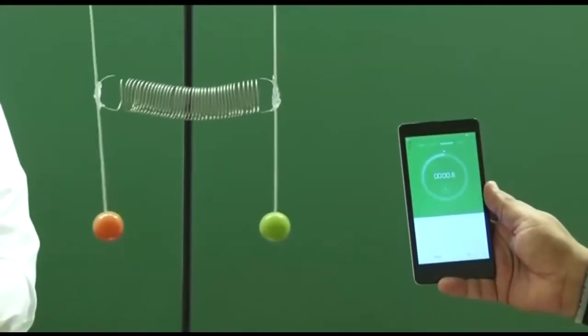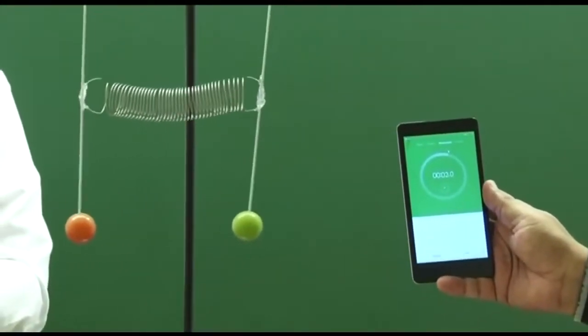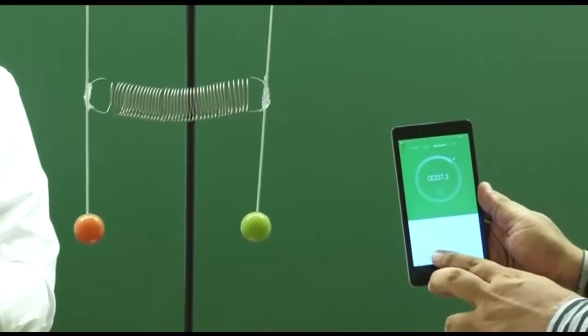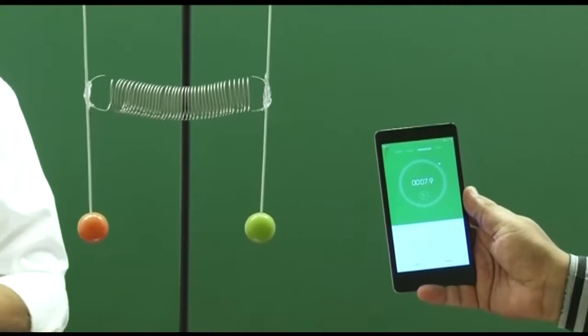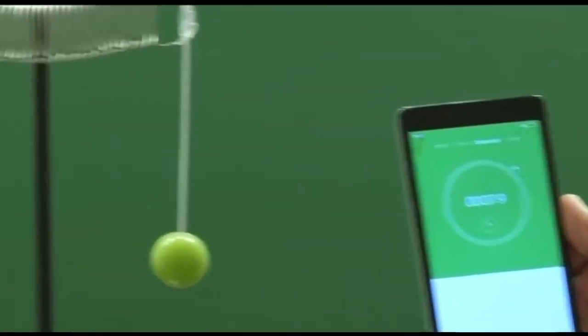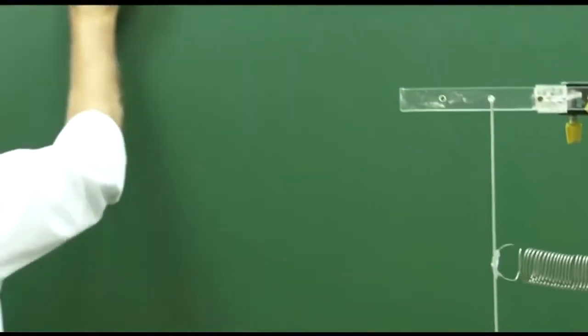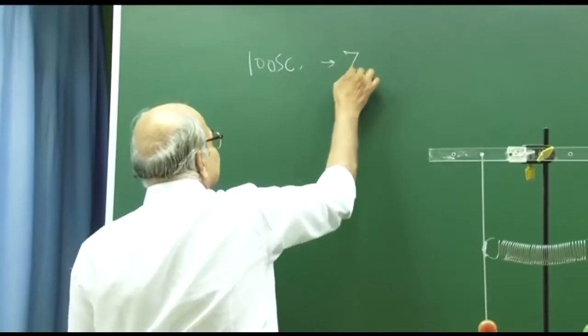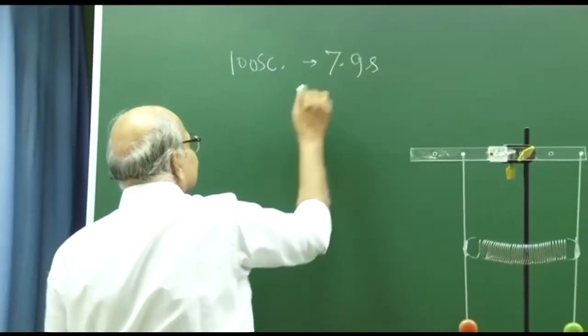Start. Okay, what is the time? 7.9 seconds. All right, so the time for 10 oscillations is 7.9 seconds.